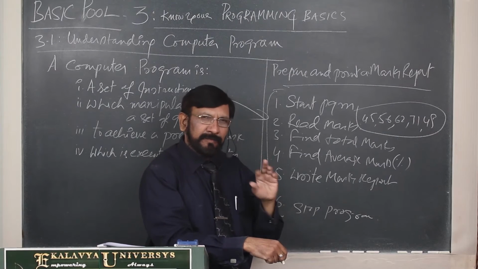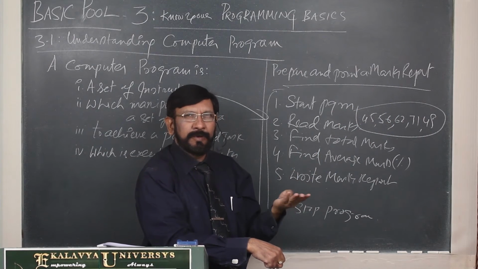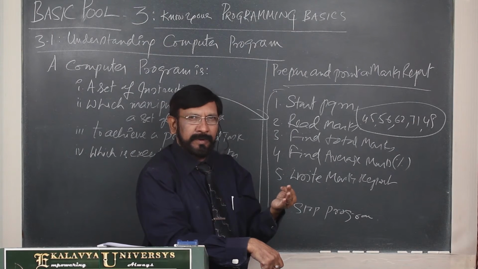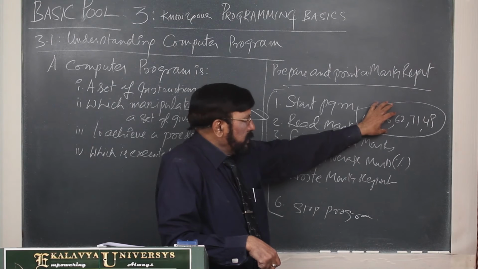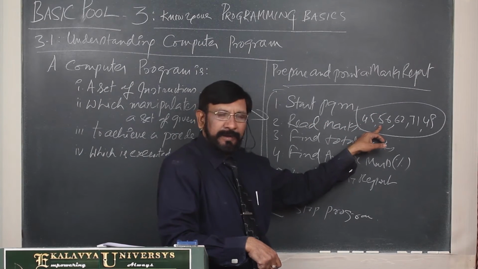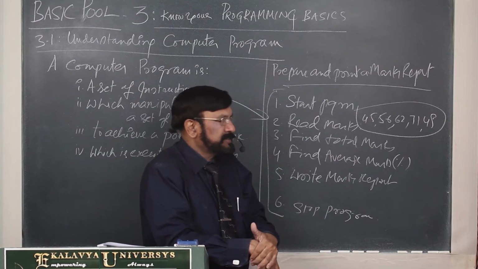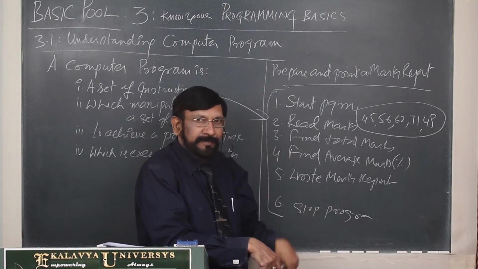Actually, other data, for the sake of simplicity, other data also required. That is the name of the student, a class number, roll number, section, etc. That I am not taking, but only purely marks I am taking for the sake of simplicity. So this is the data: 45, 56, 62, 71, 49. These are the marks. These are the data items.